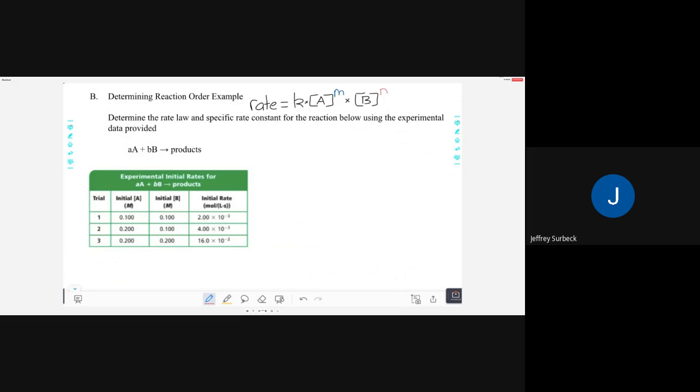We call that N. So our first priority to find the rate law is to figure out what numerical value is this M and what is N. Okay, so let's start with M first. So I'll say finding that power M.